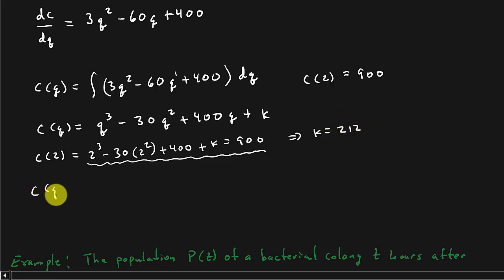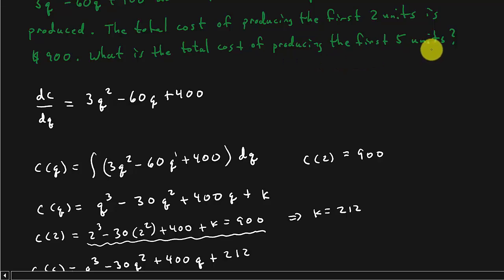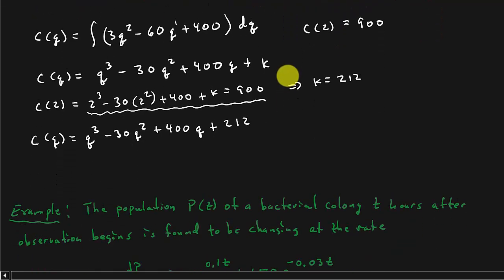212. So I get C of Q is Q to the 3rd minus 30Q squared plus 400Q plus 212. There's my cost function. And what do they want to know? What is the total cost of producing the first 5 units? So all I have to do is take my cost function and plug 5 in.